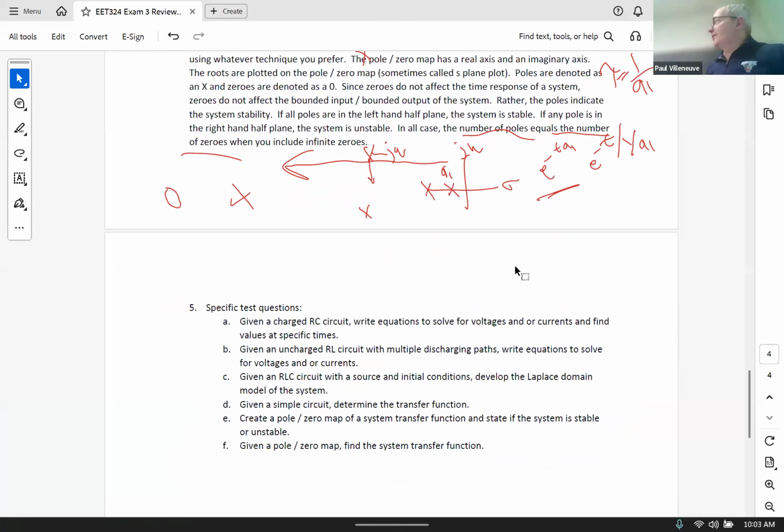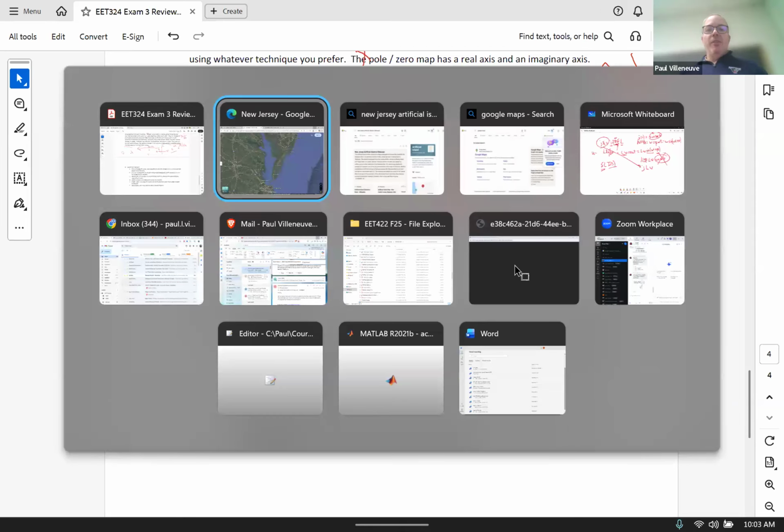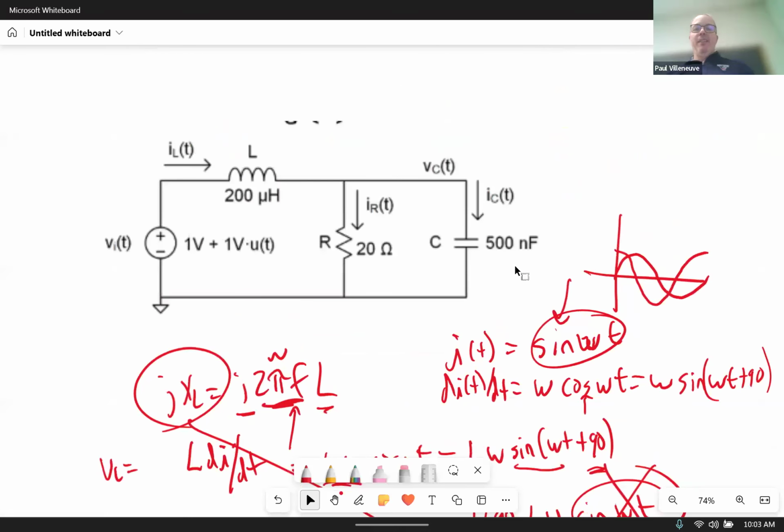And here are the test questions. I have an example if you want to work an example for circuit analysis, or we can answer whatever questions you may have. Can we do an example? You guys want to do it? No problem. All right, have fun. Can you do it?